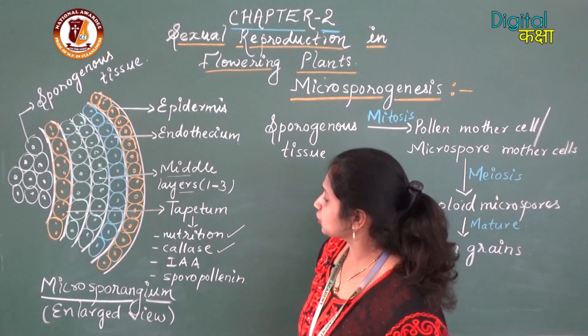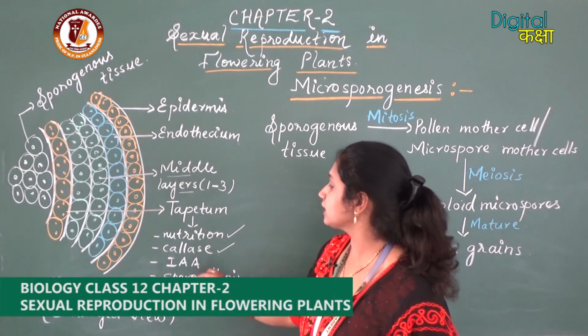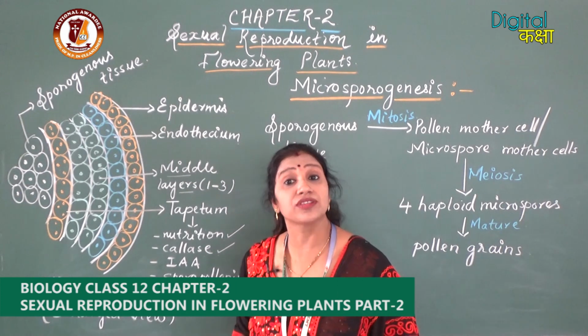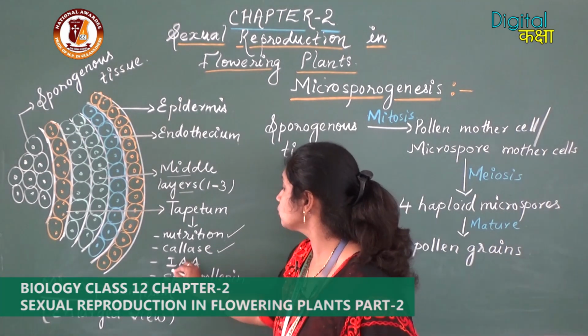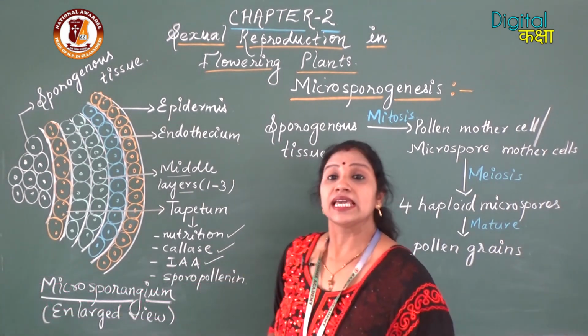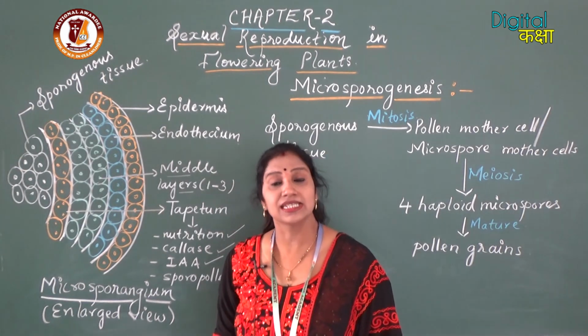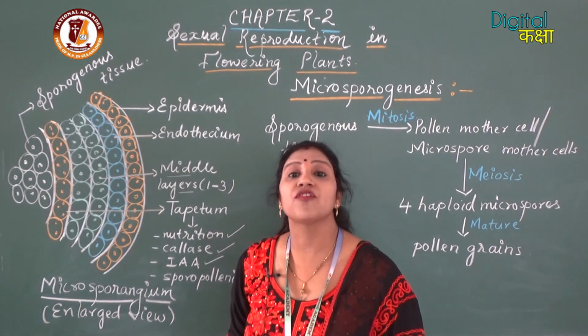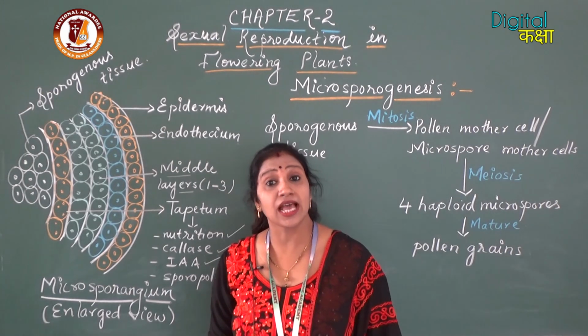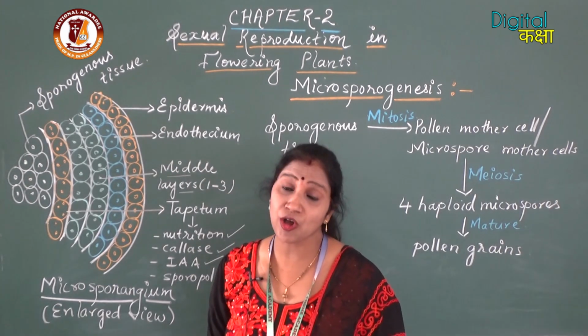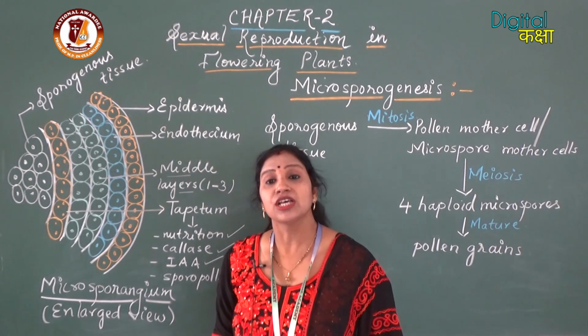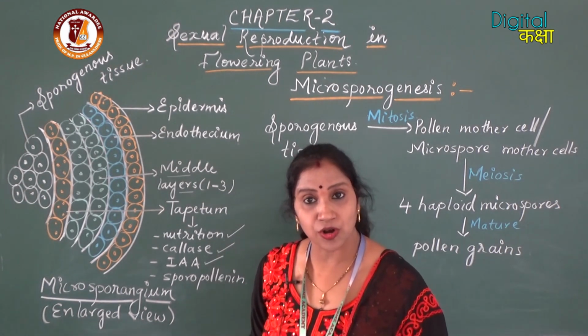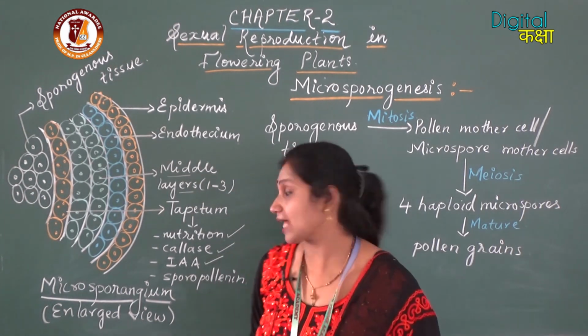The third function of the tapetum layer is secretion of the growth hormone indole acetic acid. Indole acetic acid is a form of auxin. Auxin, as you know, is a growth hormone secreted in plants.